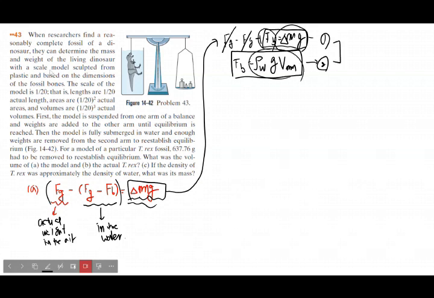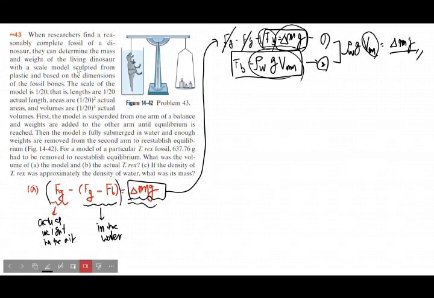So the density of water times g times the volume of the object must be the same as delta mg, the weight difference. From that you can easily find the volume, number A, the volume of the model.